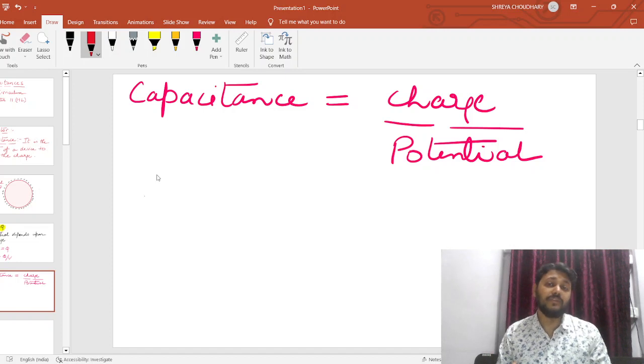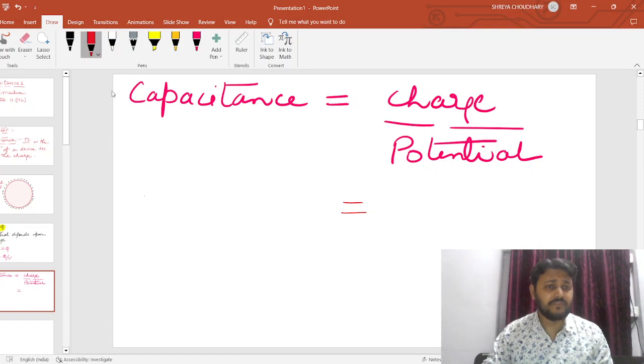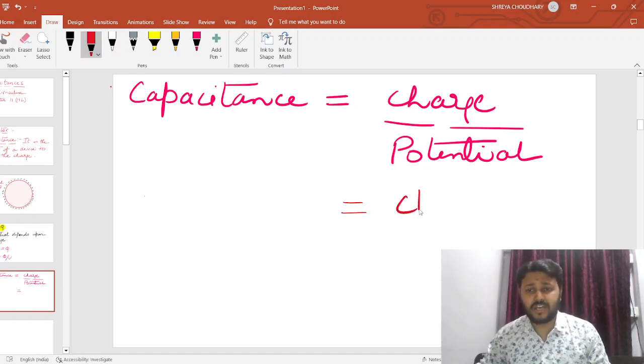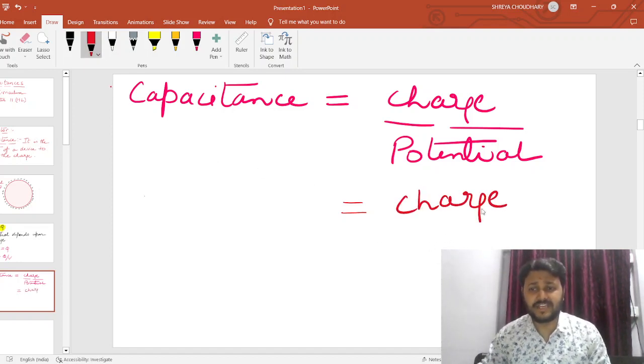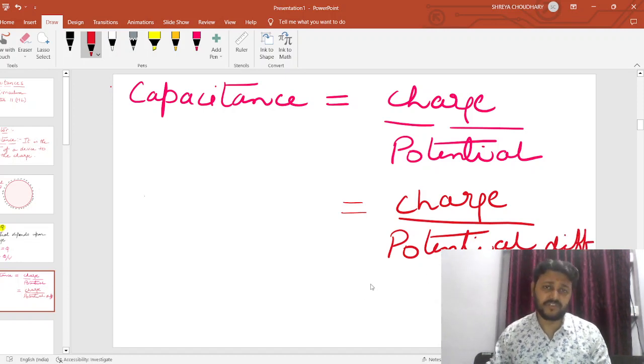However, from the formula we can see that capacitance equals charge upon potential, or potential difference, both we can say. So don't get confused that it is only potential, it may be potential difference.